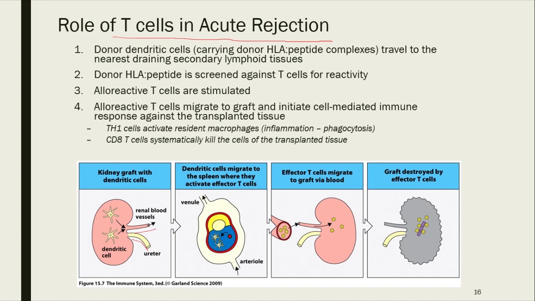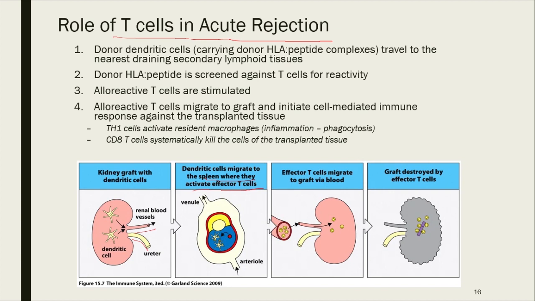When these are connected, the dendritic cells start to migrate out from the renal blood vessels and enter the recipient's circulation, ending up in the spleen, where they activate effector T cells.